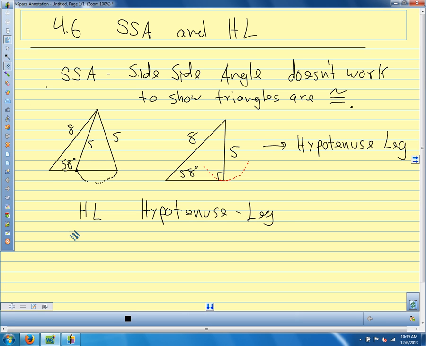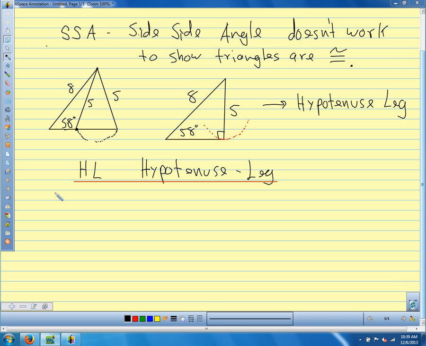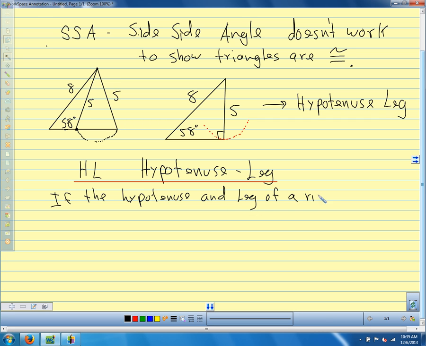And what it tells us, in words, is if the hypotenuse and leg of a right triangle are congruent to the hypotenuse and leg of another right triangle, then the triangles are congruent.